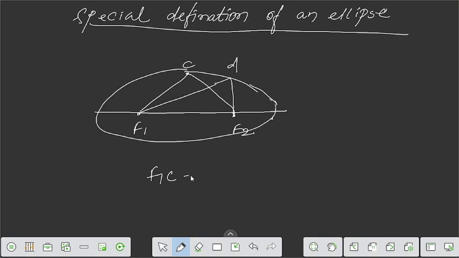So F1C plus CF2 is equal to F1D plus EF2, a constant. It is always constant, that's why it forms an ellipse.